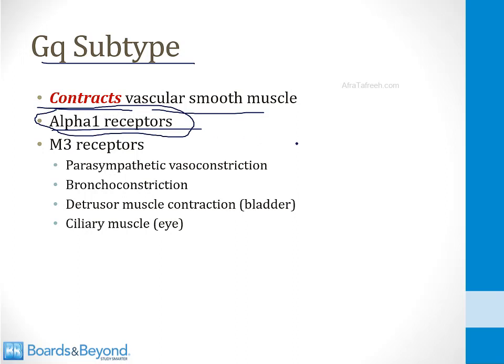They are going to be linked to the GQ subtype of G protein receptor so that they can contract vascular smooth muscle. In the parasympathetic system, the GQ subtype is linked to M3. M3 receptors are the receptors in the parasympathetic system that in some cases cause vasoconstriction. They can cause bronchoconstriction in the lungs, they can cause contraction of the detrusor muscle in the bladder, and they can also cause contraction of the ciliary muscle in the eye.